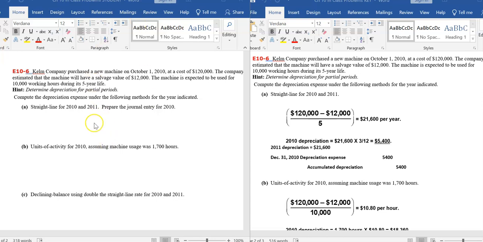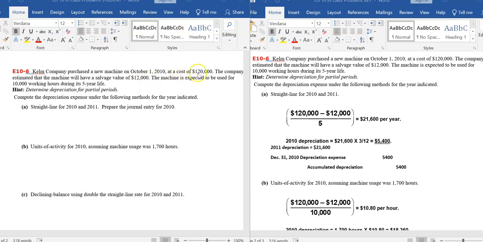So under the straight line method, the formula to calculate depreciation is to take the original cost of the asset, subtract out any salvage value, sometimes called residual value, which is what the asset will be worth at the end of its life. So we're assuming that management estimates when we're done using the machine, we can sell it off for parts and pieces for $12,000.